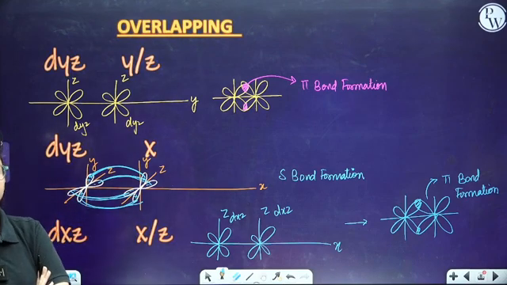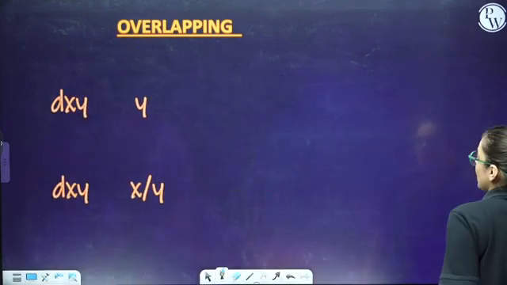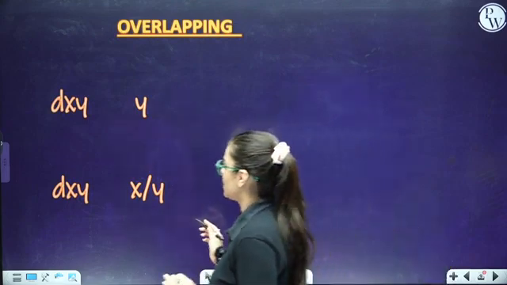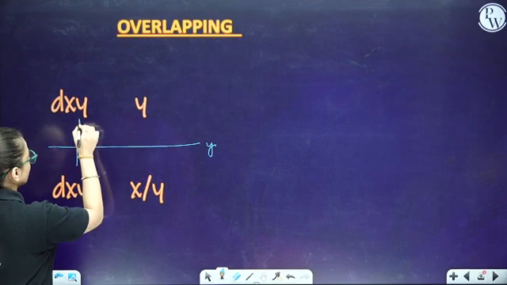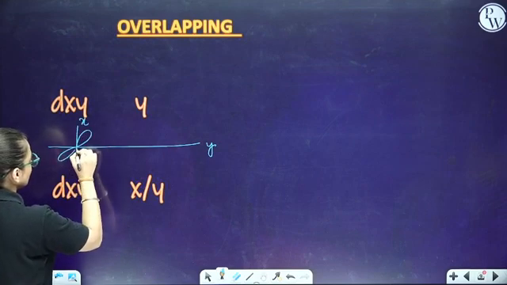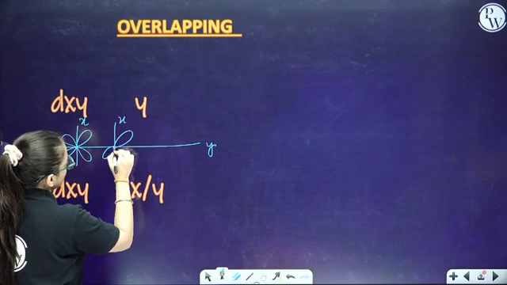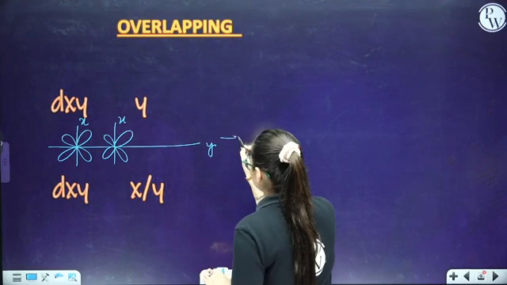Now everybody write down the structure for this page also so that I can move on to the next page. Done with this? That's great. Now comes the next part. Here we are going to take dxy on the y-axis. If it is the y-axis, this is your x-axis. Lobes will be present in between the axes. Now you know the answer. It's very simple.